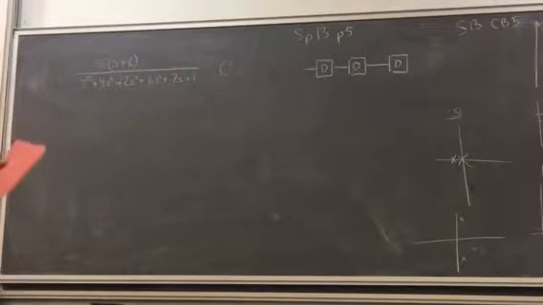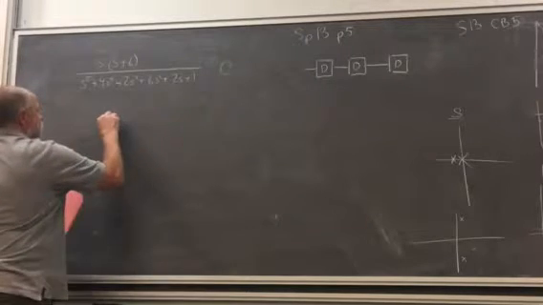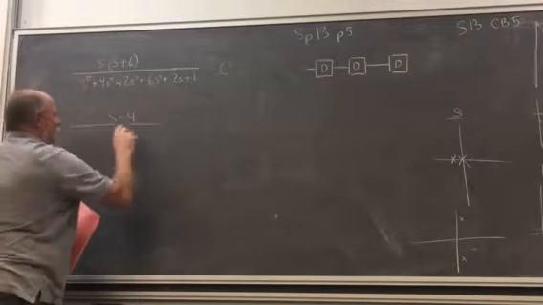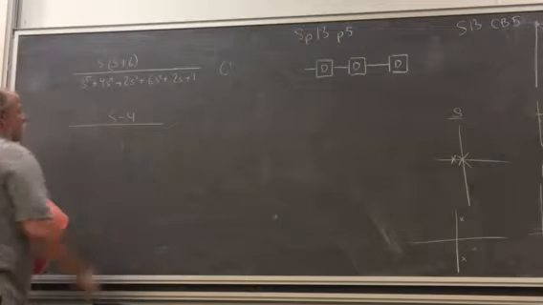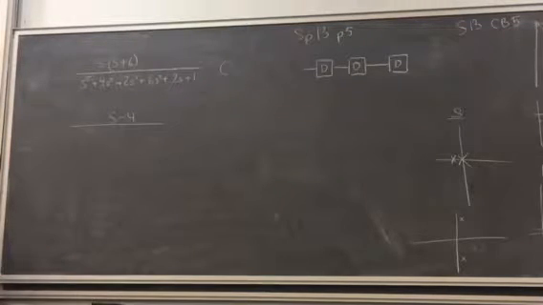The next one, S minus 4. Now, does that bother you right up front? What is there in the right half plane with that S minus 4? A zero. Does that necessarily make it unstable?